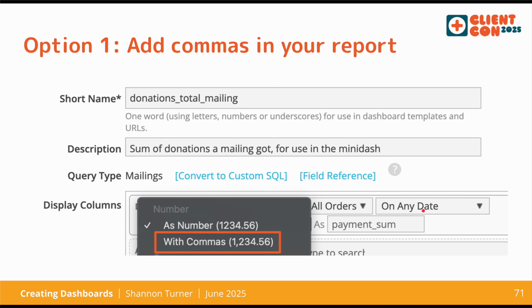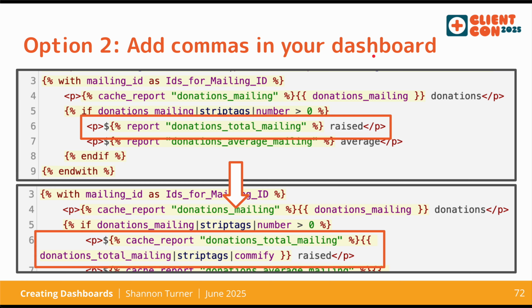Now, if you're in the query builder still, it's quite easy to edit the report to show the sum total with commas separating your thousands places. That's option number 1. Another option is to add the commas in your dashboard. So here I'm going to use cash report, just like we've seen before. So taking donations total mailing, using cash report, and then using the donations total mailing snippet that cash report gives us.